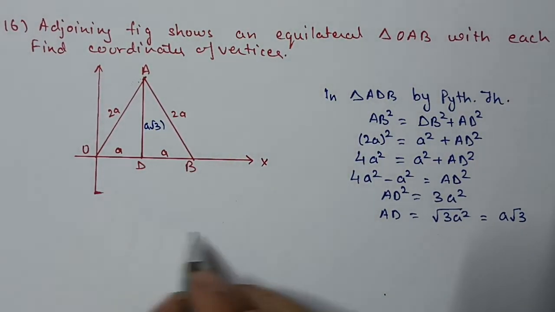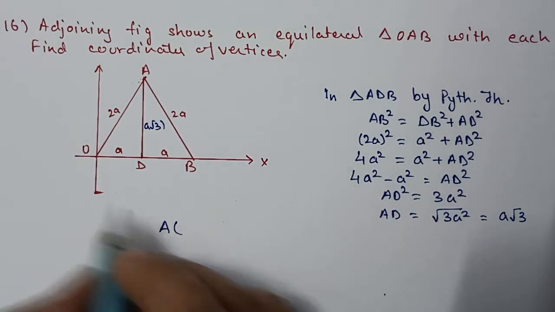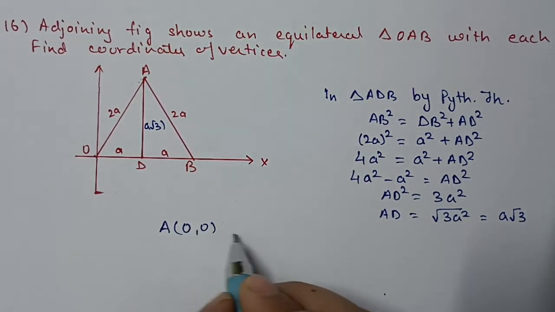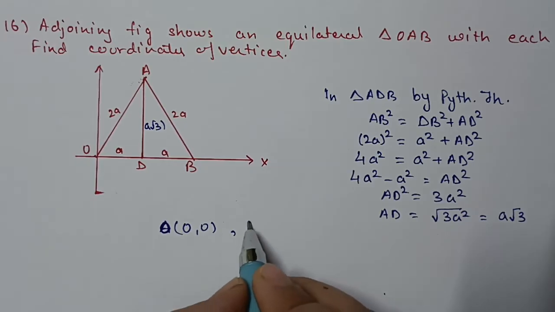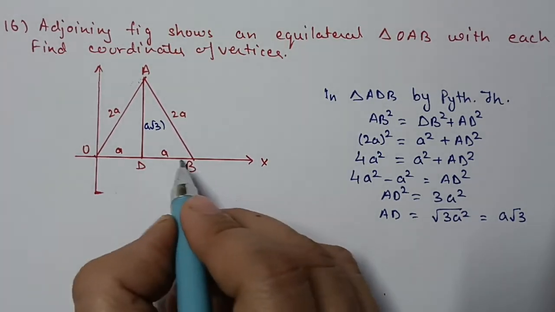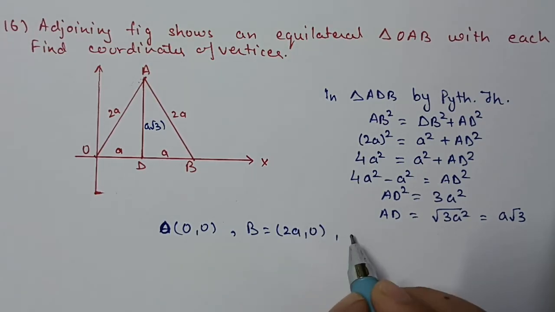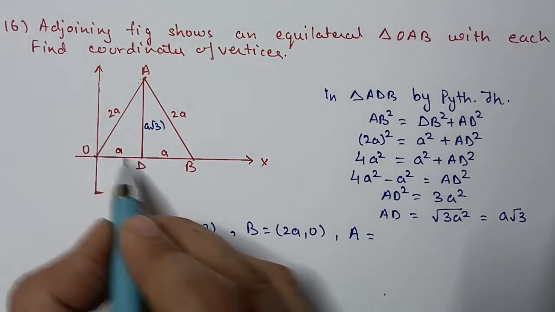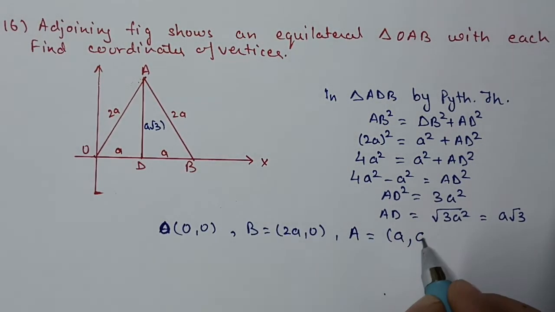Now we can write the coordinates of this triangle's vertices. O is 0, 0, B is 2a, 0, and the A point will be: x-axis reading is a, and y-axis reading is a root 3.